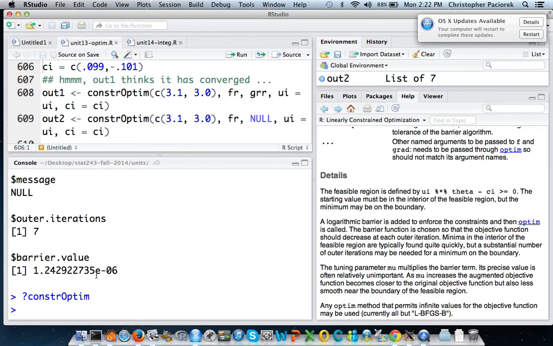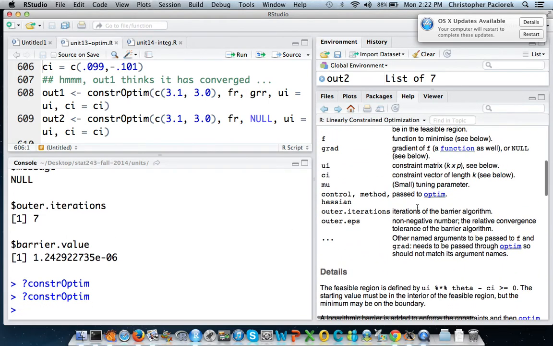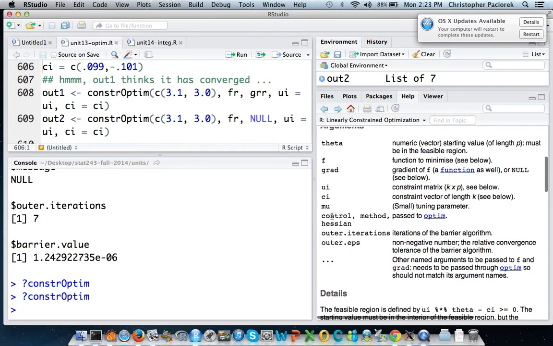Wait, so what was your question? Oh, like do we need to specify the number of iterations? Oh, the number of iterations, right. Often you'll be able to control the maximum number of iterations. So for example, if there's a control argument for optim, and you pass a control argument to constrained optim, that will just get passed along to optim. So that would control the maximum number of iterations within each call to optim.